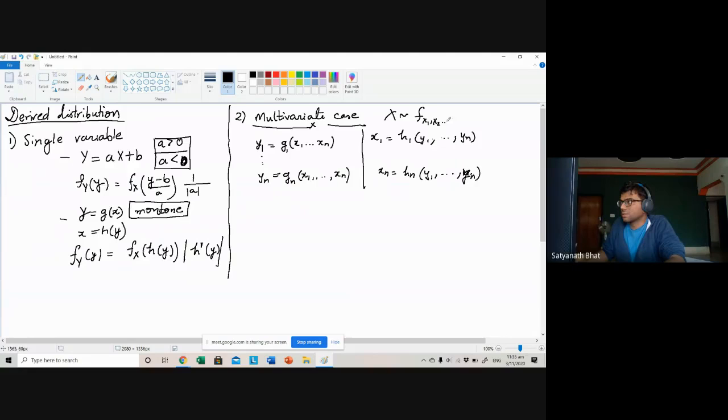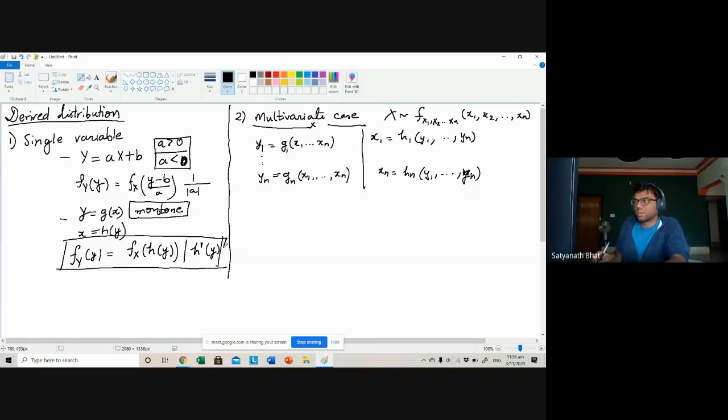some joint distribution for x. Now, if you have understood this formula, arriving at the multivariate case is not difficult. You can just look at the same expression and you will get the answer.